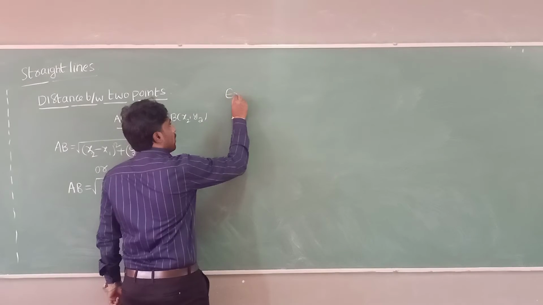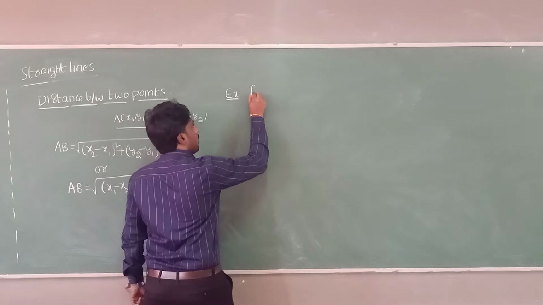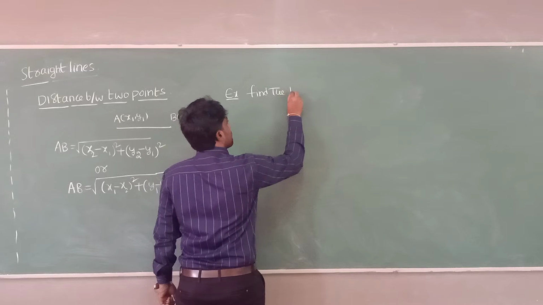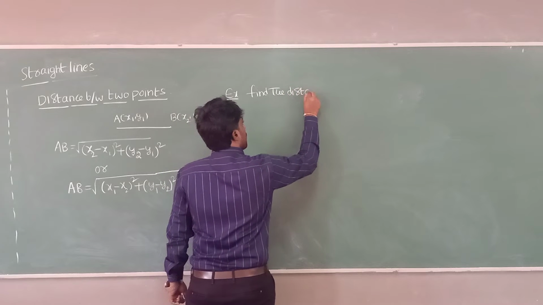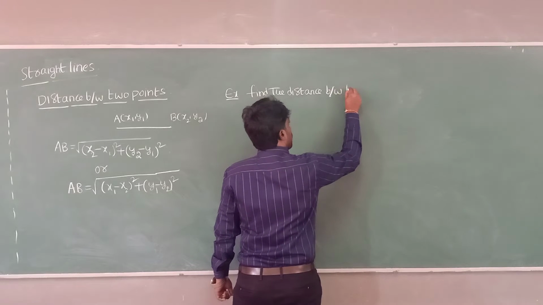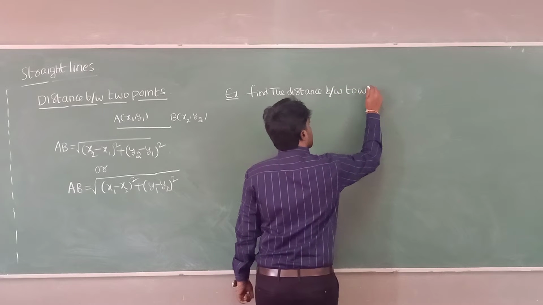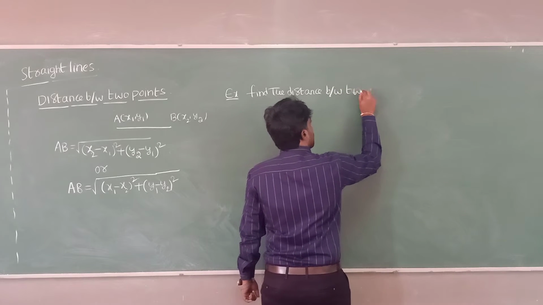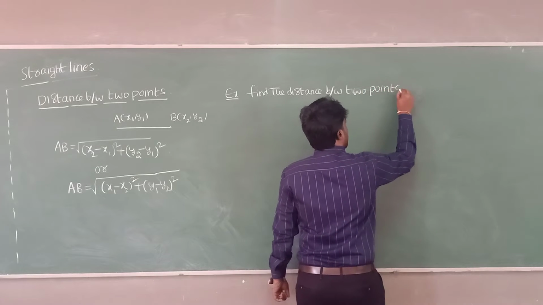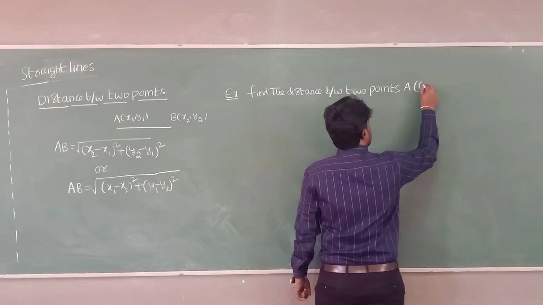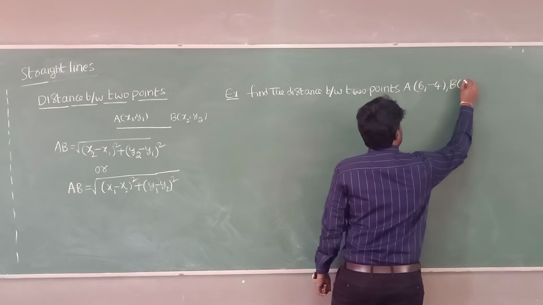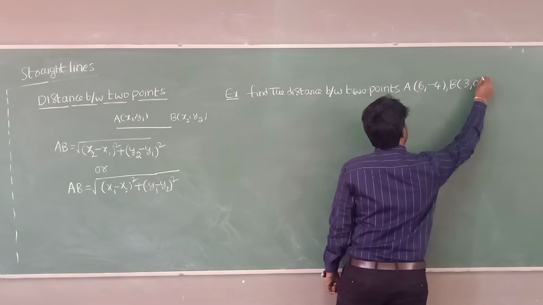Example: find the distance between 2 points A, B. The A value they mention is 6 comma minus 4, and the B value is 3 comma 0.